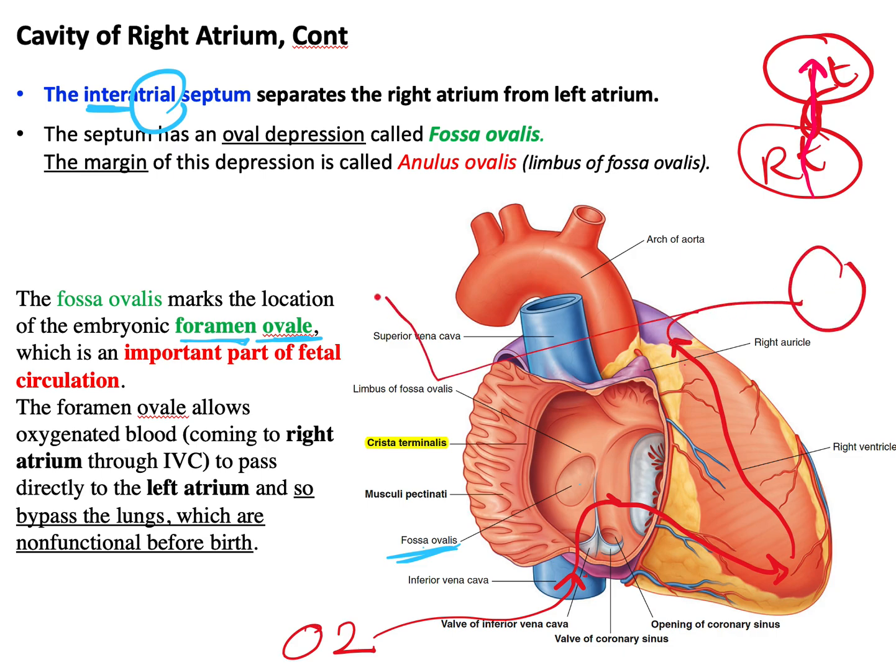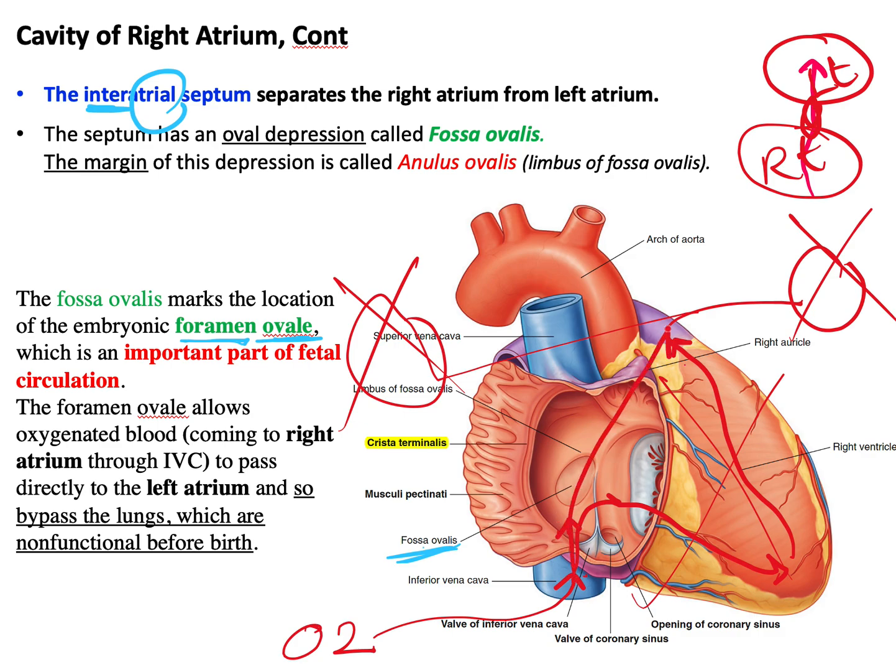But wait, the lungs of the fetus are non-functional. So why? The blood will not be oxygenated there. So that means no need for this path. So the blood comes directly from the right atrium to the left atrium, then to the left ventricle, from the left ventricle to the aorta to the rest of the fetus body.